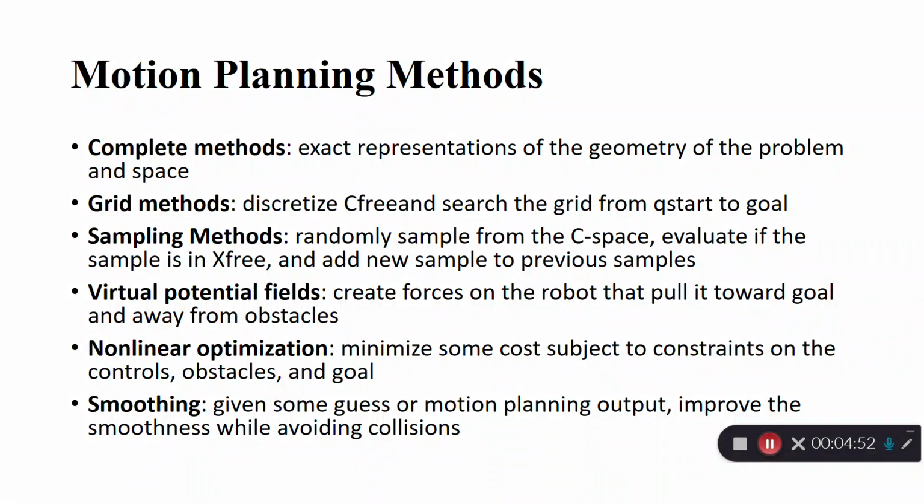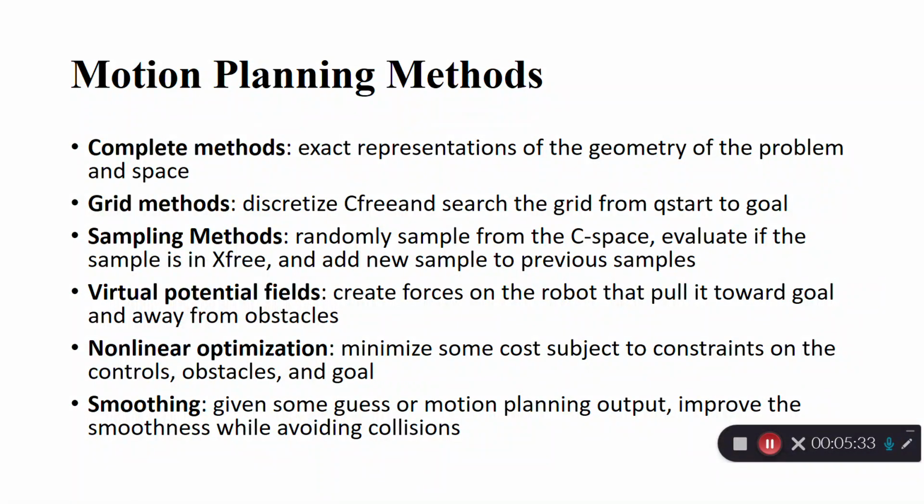The fifth is nonlinear optimization. This minimizes some cost subject to constraints on the controls, obstacles, and goals. In this method we set constraints to control the controllers and obstacles, to move the robot from x start to x goal, and we minimize the cost of the sensors and all the other things to optimize and get the motion planning out of it.